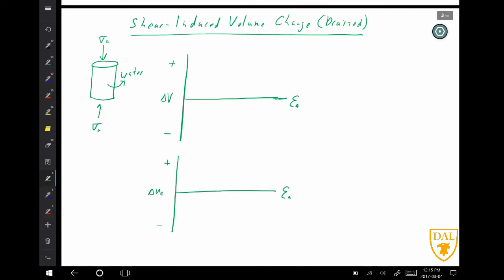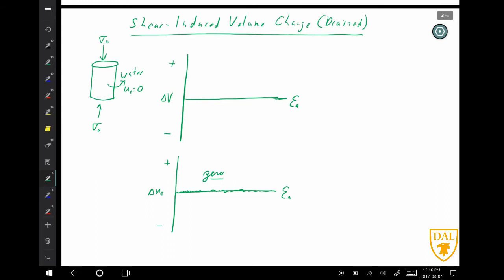Okay, so if the water is allowed to flow out freely and relatively quickly relative to the loading rate, then the excess pore pressure remains zero as you test this thing axially. Okay, so 0. No change. But what happens to the volume? Okay, there's two primary cases, and to be honest, there's everything in between. But let's talk about the two most common cases. One is the case of a relatively loose sand.